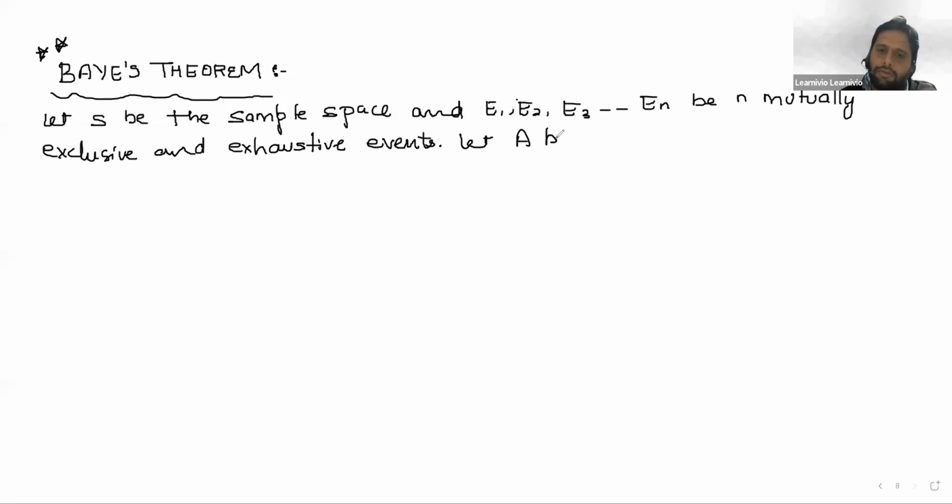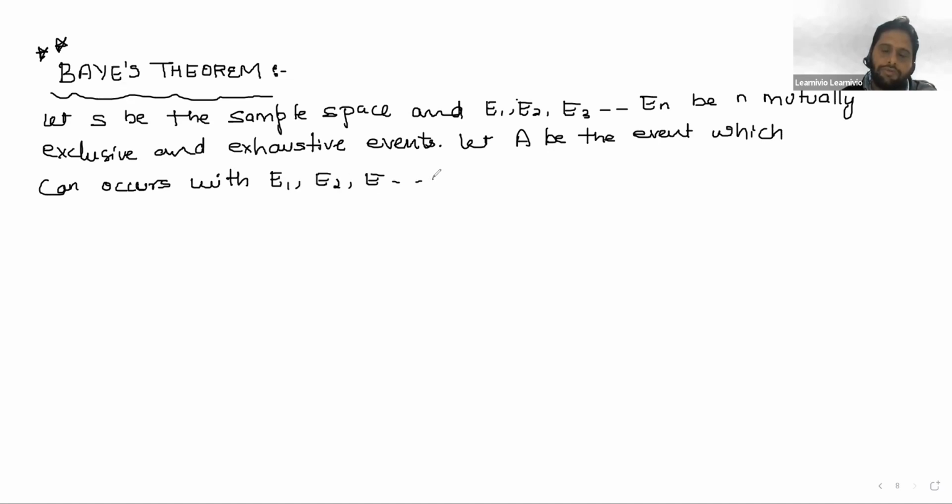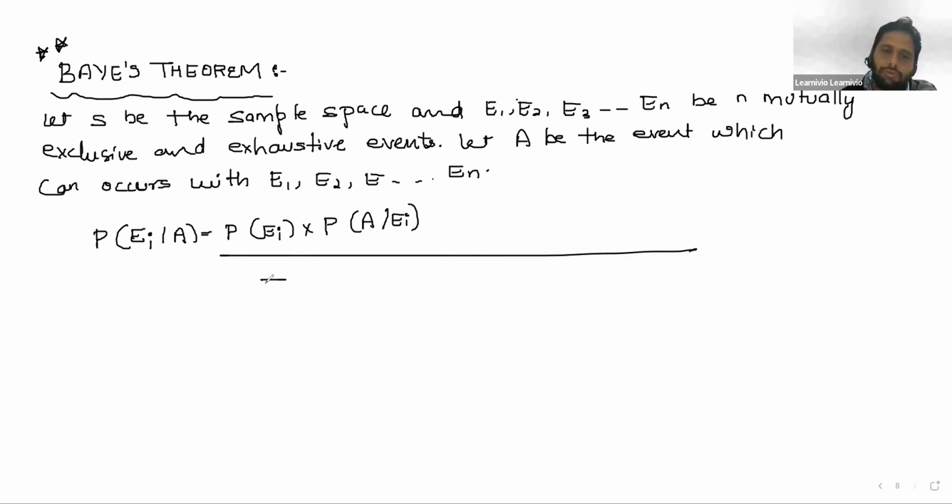Let A be the event which can occur with E1, E2, E3, and so on up to En. Then the probability of Ei by A will be equal to P(Ei) into P(A by Ei) divided by the summation of P(Ei) into P(A by Ei), i equal to 1 to n. We will take an example and understand this from that.